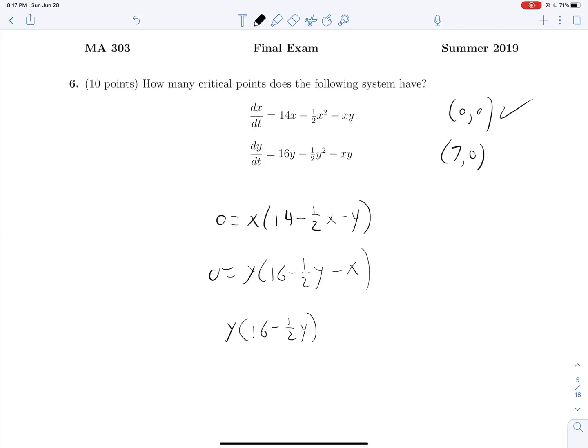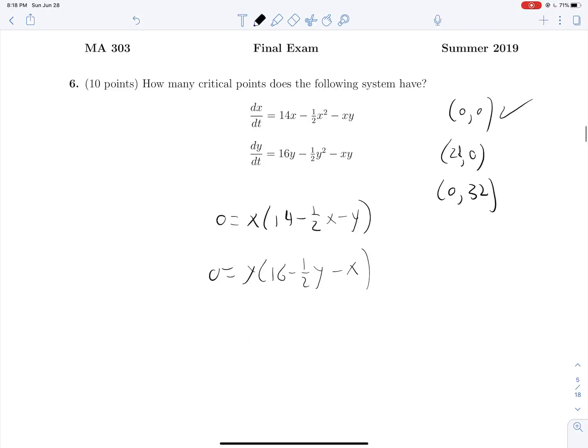Yeah, sorry about that. It's not 7, 0. Let's rewind a second. This equation right here, when we had x times 14 minus 1/2 x is equal to 0, that doesn't have a solution for 7, 0. That's 28, 0. Yeah, sorry about that. Okay, and likewise down here, we're going to get 0, 32, as a set of points that solves both of these equations.